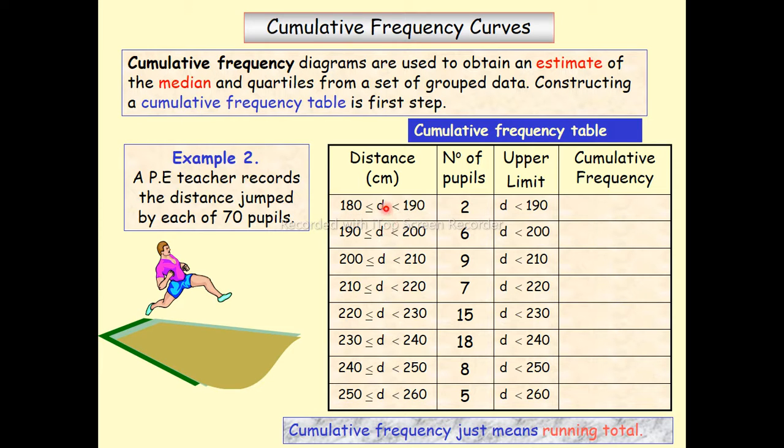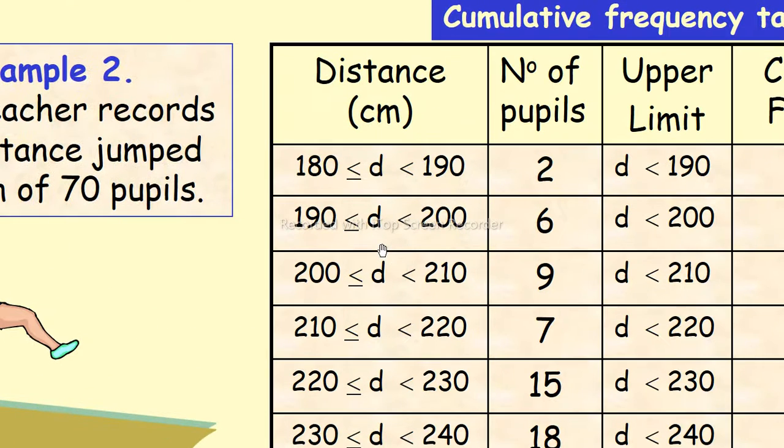Very good. So it is between 180 and 190, but it's very important to note that 190 is not included in this one. Look carefully. It's between 180 and 190, but inclusive of 180.